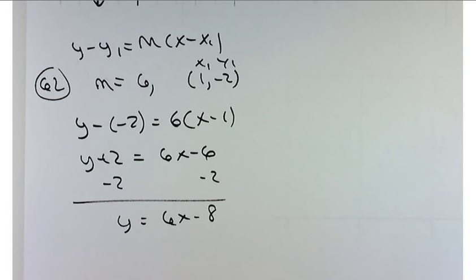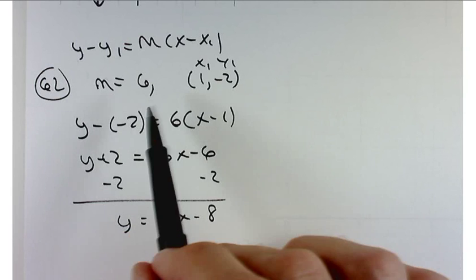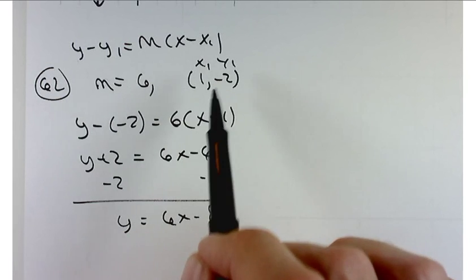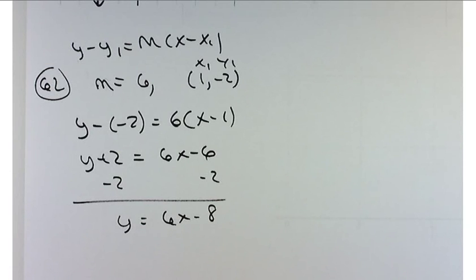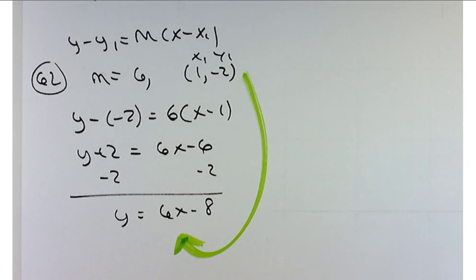How can you prove that our line does both things here? There's 2 things that we can test. We can show that it has a slope of 6 and that it passes through here. How can I do both of those without having to look at the graph? Well, actually, both of them.